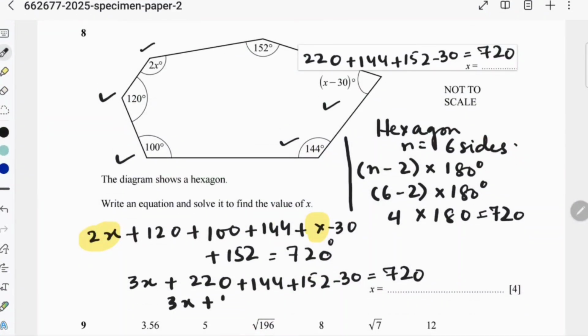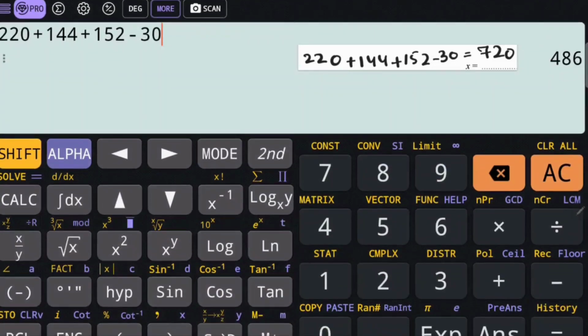486. So 3x is equal to 720 minus 486. That is coming 234.